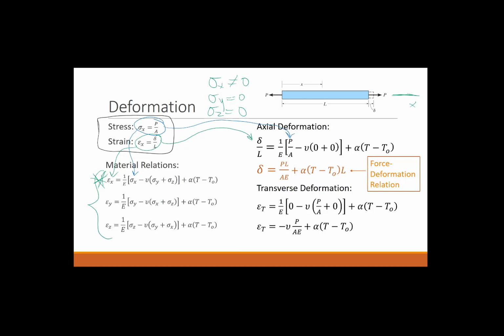And then these other 2 are 0. So the other 2 stresses are 0. That goes here and there. Oh, wow, that's not easy to see. And then you may or may not have a temperature effect as well, and so that gets tagged on to the end.